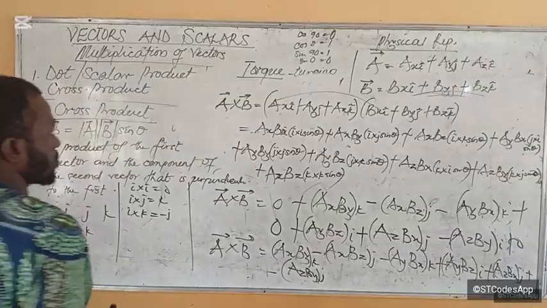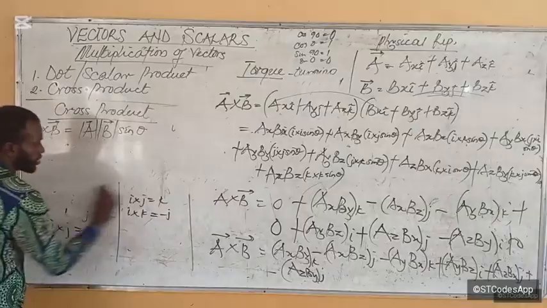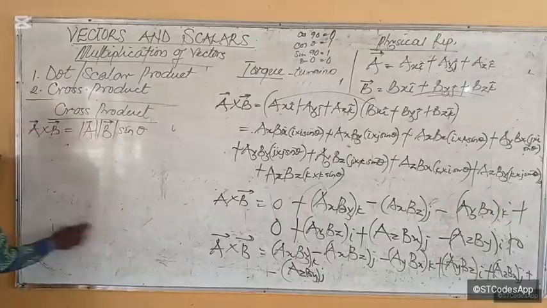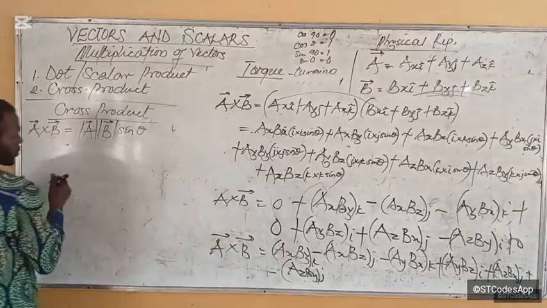For the final equation of our cross product, I'll give you the tricks. Just watch, so I can go directly from here to here. You'll see how I'll do that.